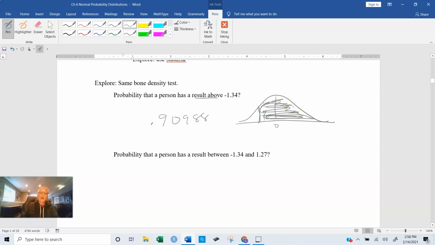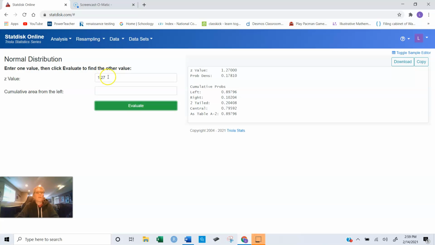Now, if you did StatDisk, you just typed in negative 1.34 and you used the right side. I want the right tail, which is the 0.90988.